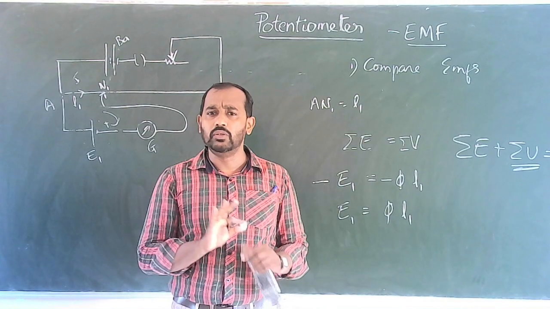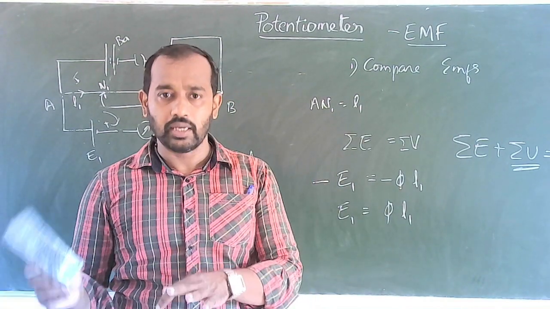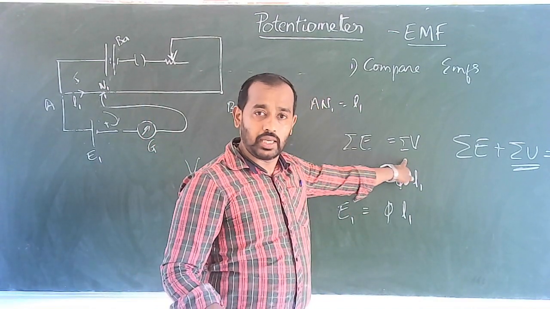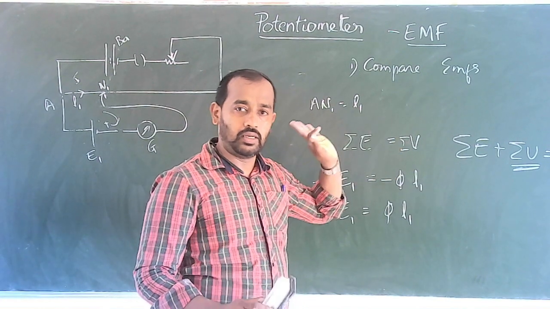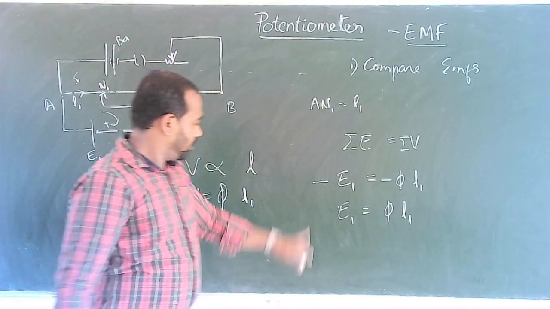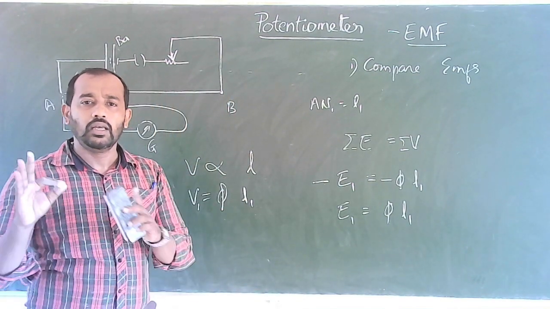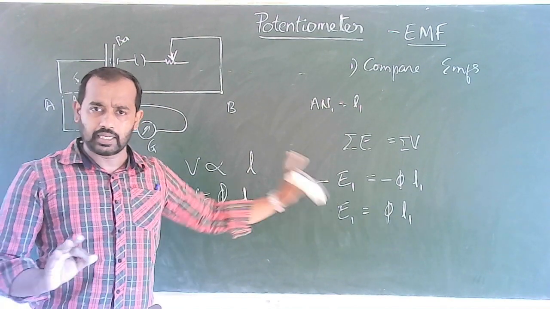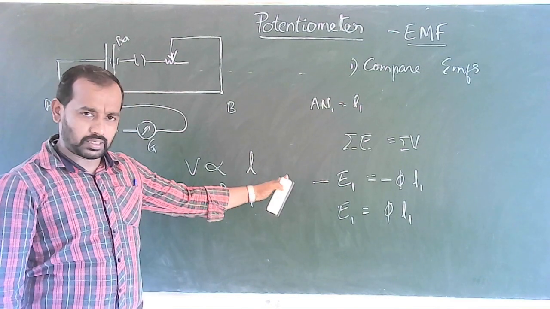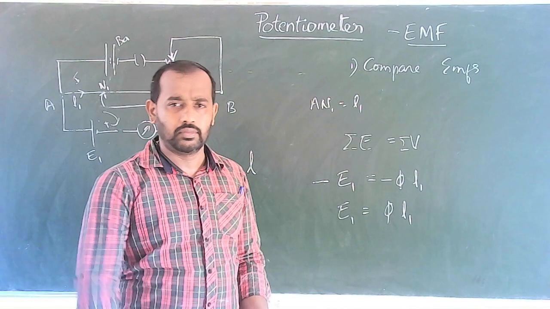So let us not confuse ourselves by following different rules. We are going to stick to the same rule, which is summation of EMFs should be equal to summation of IR drops. This we do not need. Whatever may be the rule, if we follow the rules, then we will get the correct results. That's what I am saying here. Clockwise direction of traverse or anti-clockwise direction of traverse, the result will be the same.